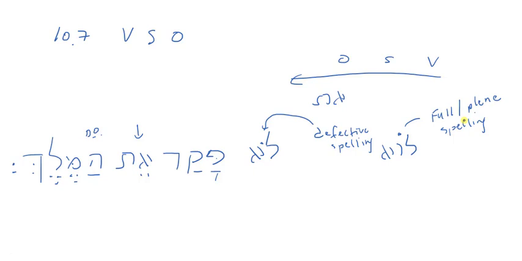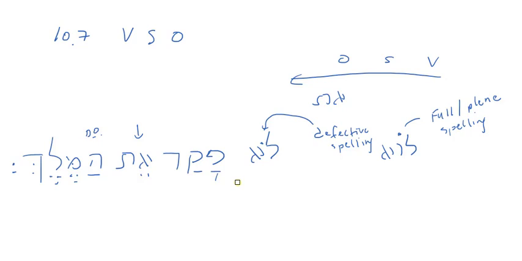Okay, so if we put lo in front of it, that aleph is quiescent. You can't hear it, and that means the dagesh lene in the pei is going to do what? It's going to get blown away by the vowel right before it. What am I saying? Before it. So we would pronounce this as lo fakad et Hamelech.